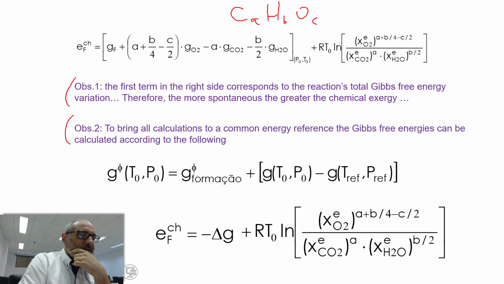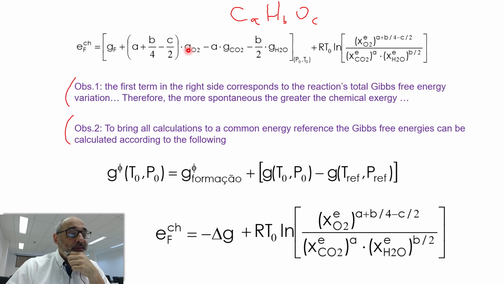Two important observations. First, the first term in the right side corresponds to the reaction's total Gibbs free energy variation, that we have already realized. Therefore, the more spontaneous, the greater the chemical exergy.